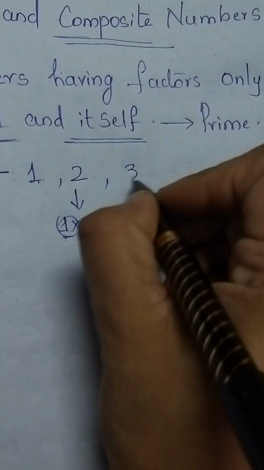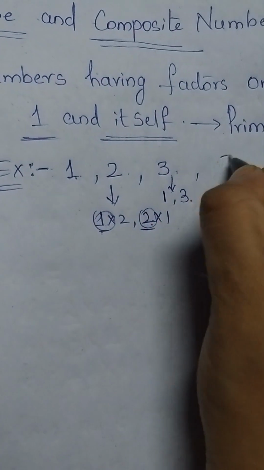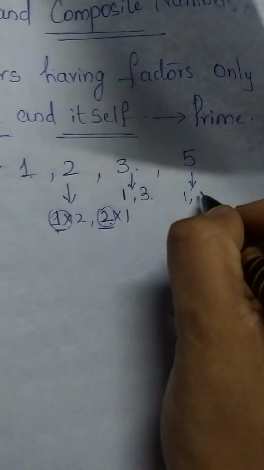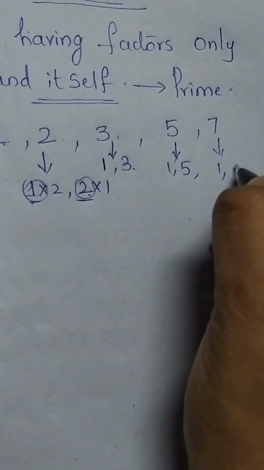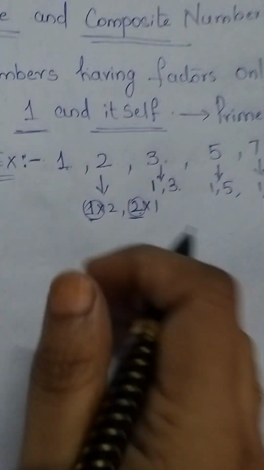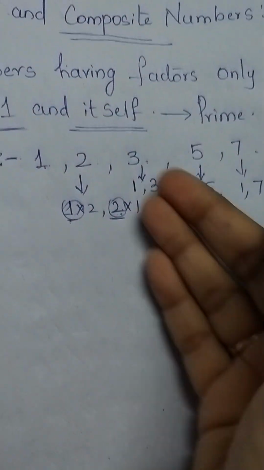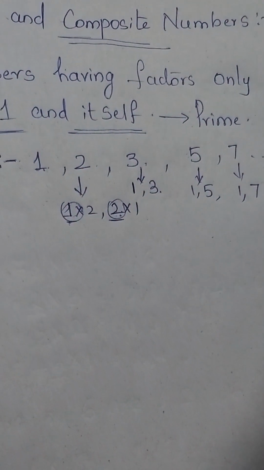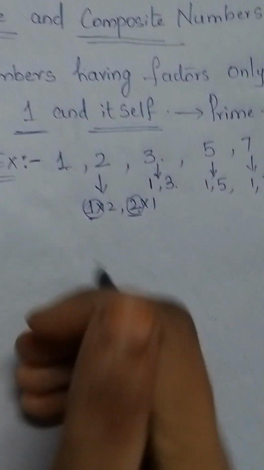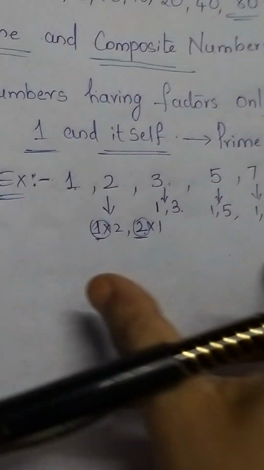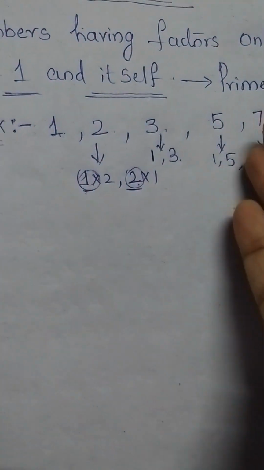Next take 3: 1 and 3 itself. 5: 1 and 5 itself. Like this we have so many prime numbers. 1 and 7 itself is a factor. So these are prime numbers 2, 3, which cannot come in other tables. We cannot divide these numbers by other numbers. These are factors of itself only, and 1 is the factor of every number.